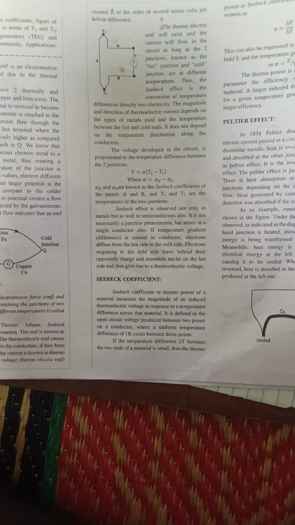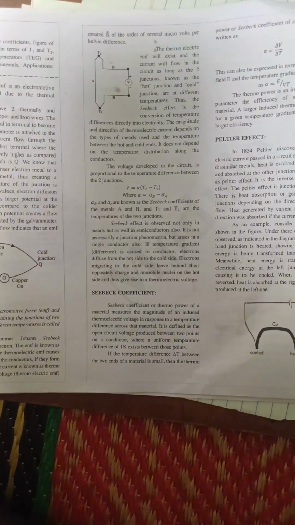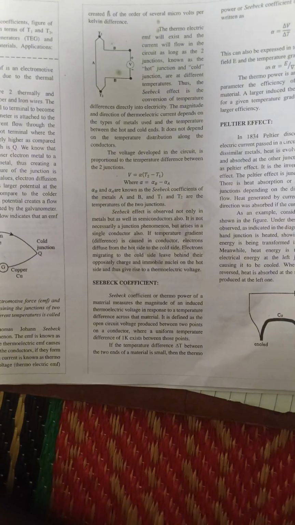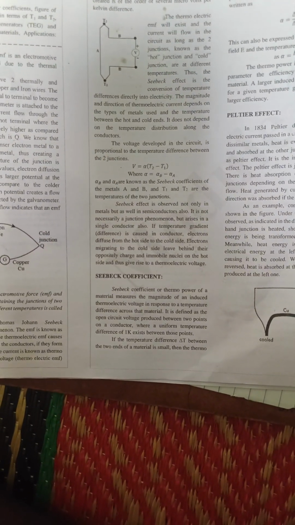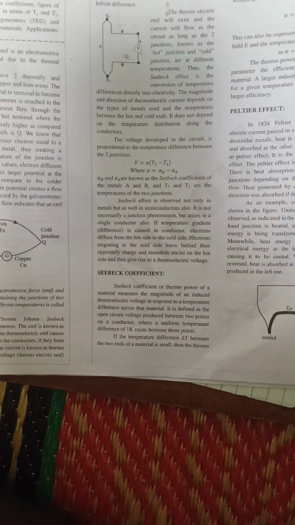It is defined as the open circuit voltage produced between two points on a conductor where a uniform temperature difference of 1 K exists between these points. When the temperature difference ΔT between two ends of a material is small, the Seebeck coefficient of the material is alpha equals ΔV divided by ΔT. This can also be expressed in terms of electric field E.